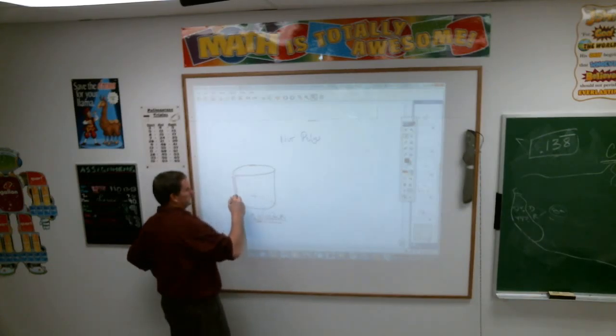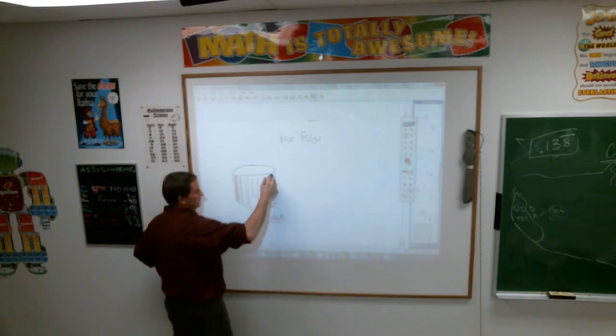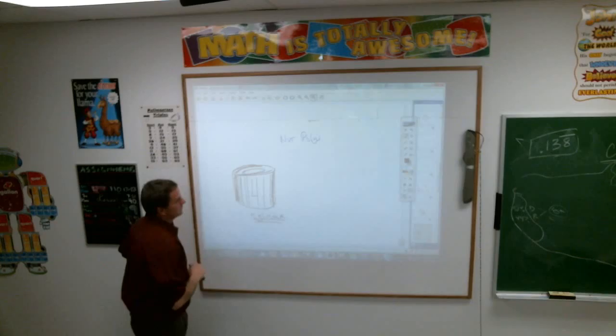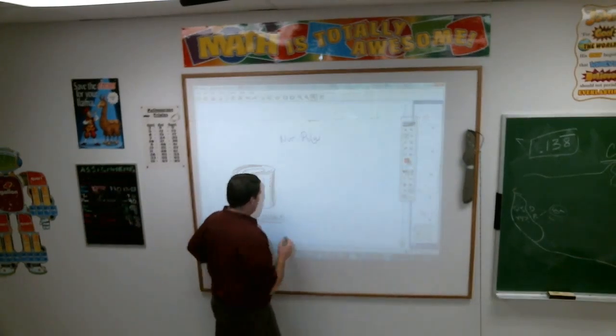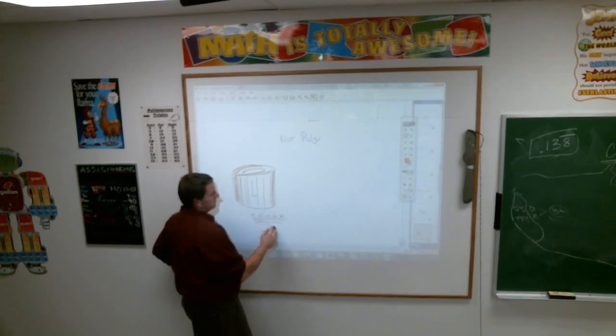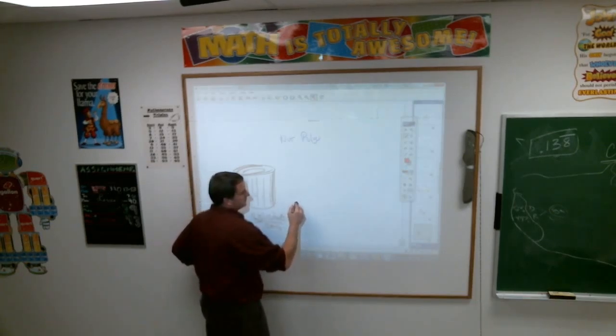I don't like to shade in my cylinders. Go real dark on the outside and then kind of get lighter. Get real dark when it gets to the outside again. There's our proverbial can.